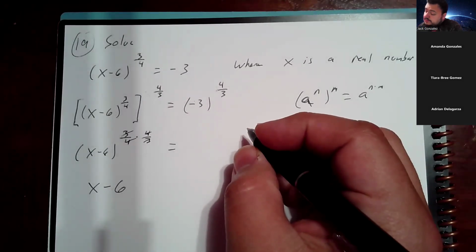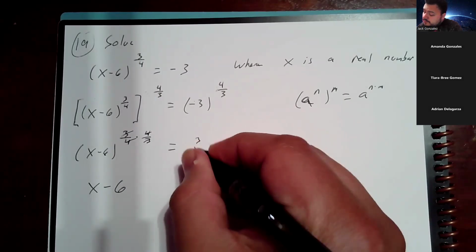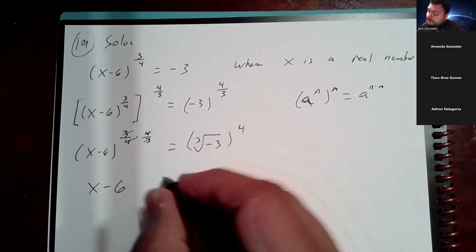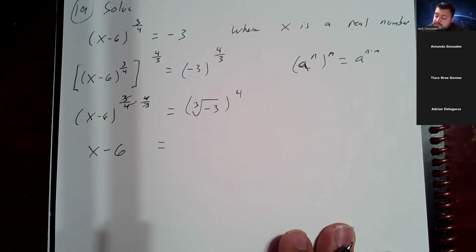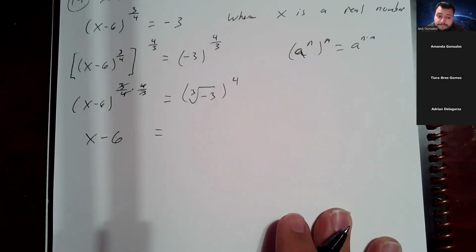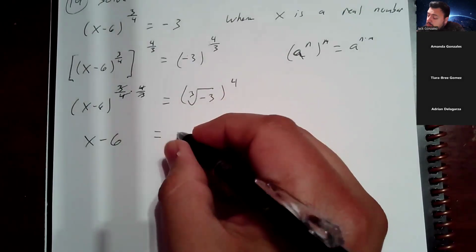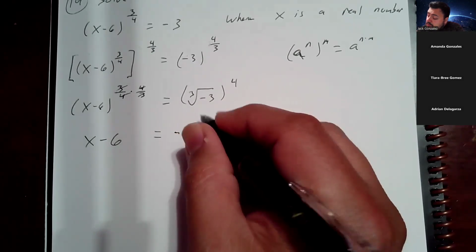So basically, it's going to be the cube root of -3 raised to the 4th power, which is just gross, you know. Oh well. If I multiply that 4 times, I would get, well, I could do this, I guess.